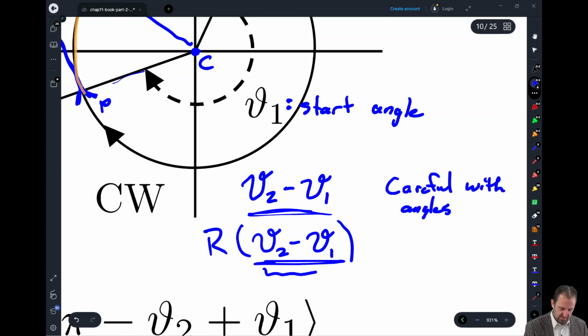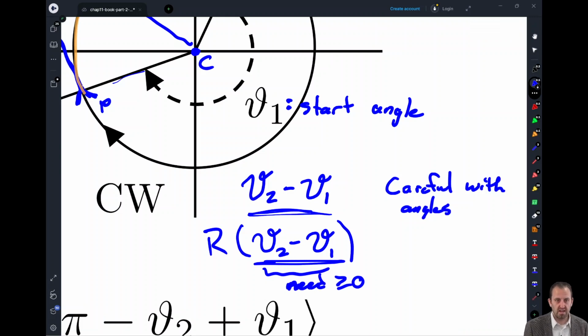We need this to be greater than or equal to 0. So we need something that's positive or non-negative for our arc length. And a valid angle, so if we did negative pi halves, well, that's valid, but that's not going to help us calculate the arc length from one to the next because we're going in a positive rotation.